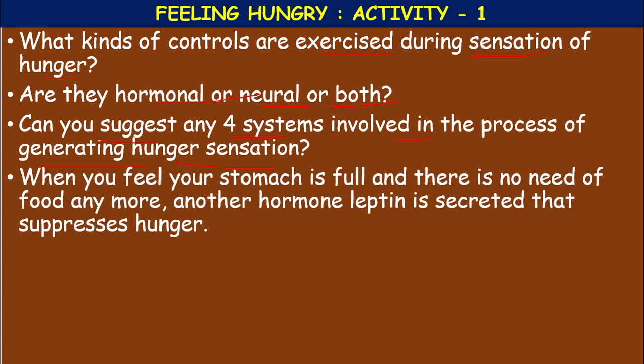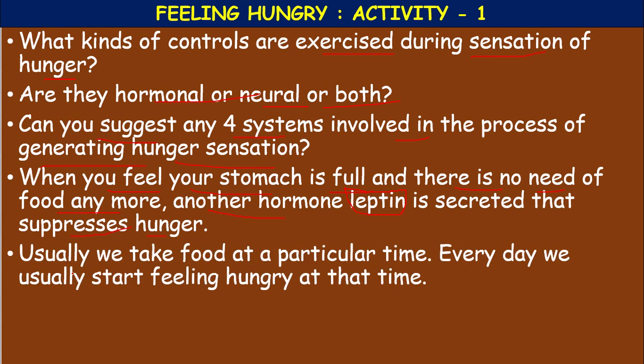Okay. So, when you feel your stomach is full and there is no need of food anymore, another hormone, what is that hormone? Leptin. Ghrelin generates the hunger pangs. The leptin is secreted. It will suppress the hunger. So, usually we take food at a particular time every day.